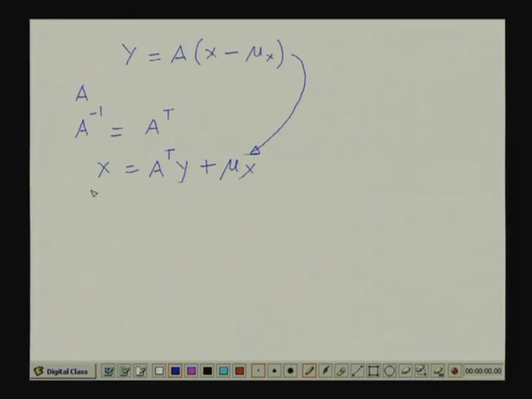Now, the important property of this particular expression is like this. Suppose this matrix A has been formed by using all the eigenvectors of the covariance matrix Cx. Now, suppose I make a transformation matrix where I do not take all the eigenvectors of the covariance matrix Cx. Rather, I consider say k number of eigenvectors, and using those k eigenvectors, I make a transformation matrix say AK.